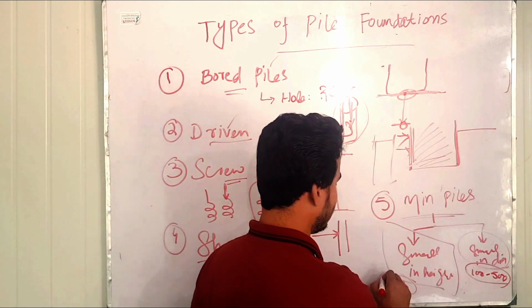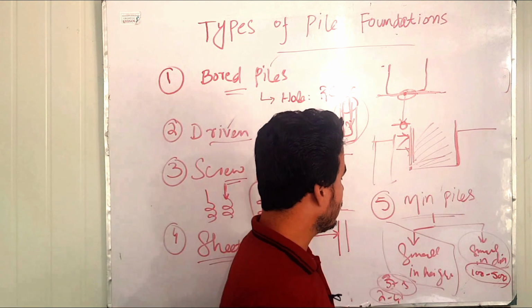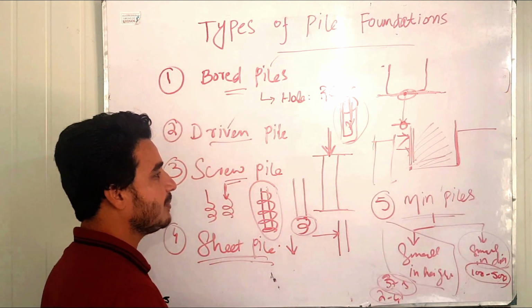Sorry, 3 to 5 is a larger value. It might be from 2 to 4 meters. So these were the different types of mini piles.